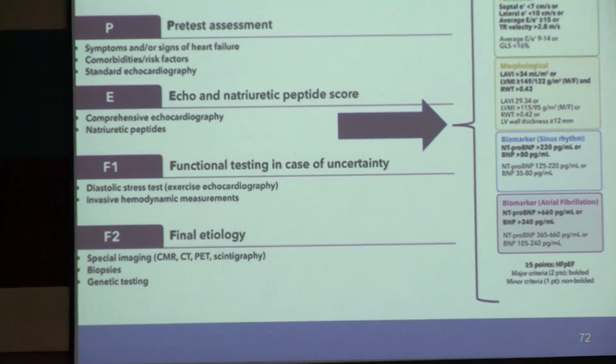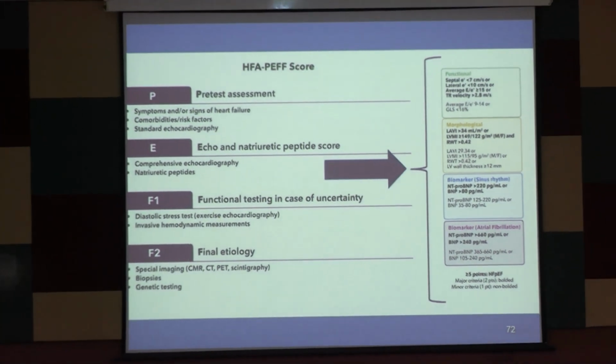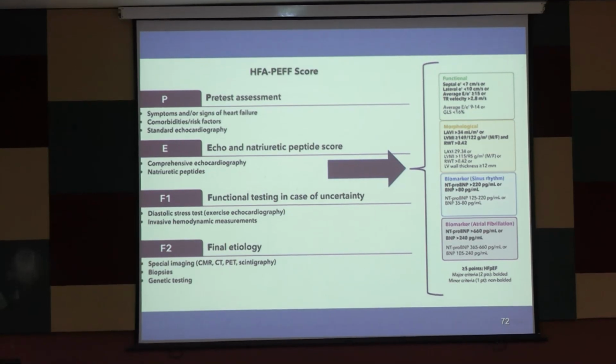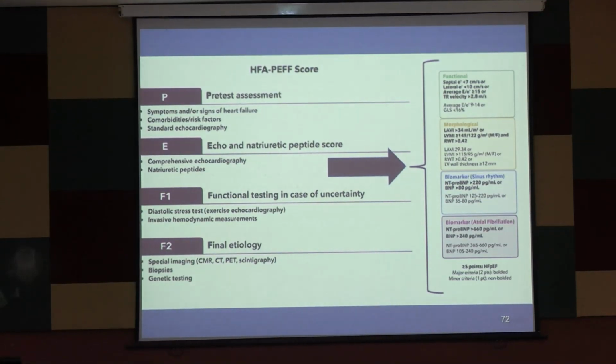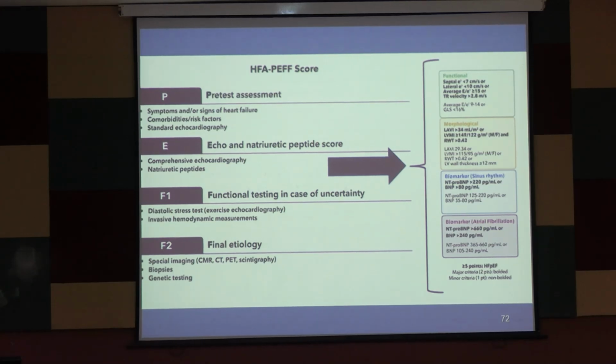The functional tests include diastolic stress test or exercise echocardiography, then invasive hemodynamic studies. And the F2 means final etiology, final imaging, that is cardiac MR, CT, or PET.